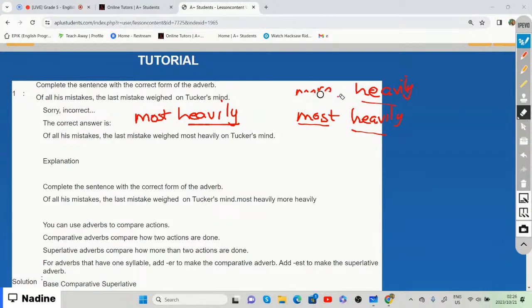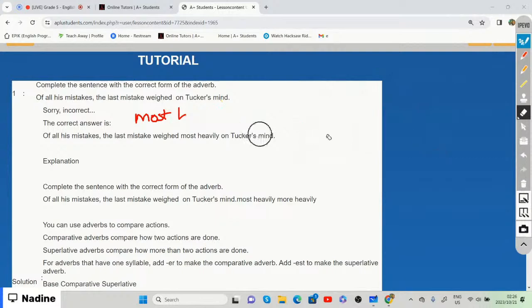So most heavily. So most heavily is our answer, right? It's our answer, and it's basically a superlative adverb.